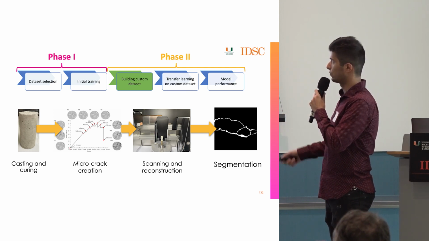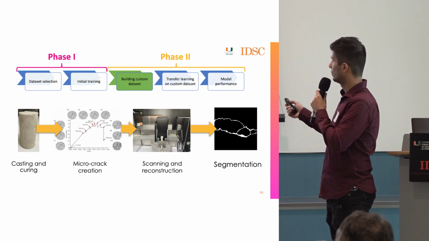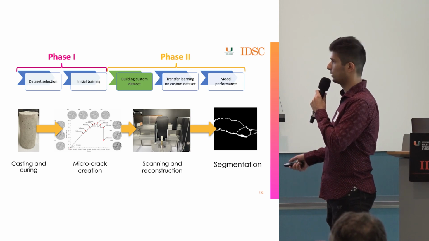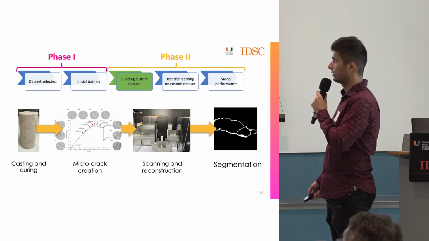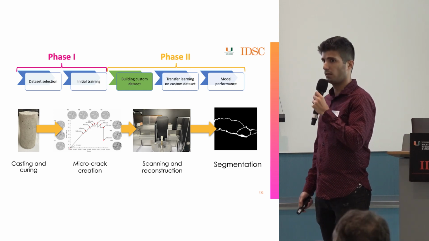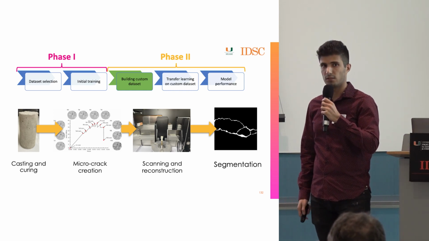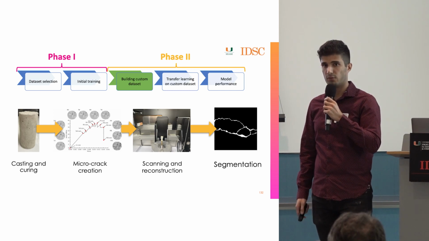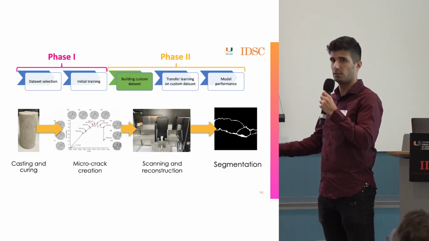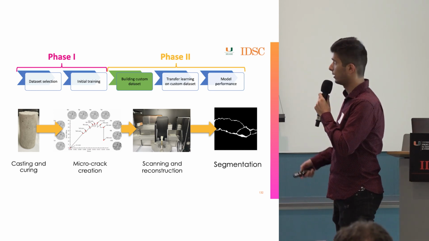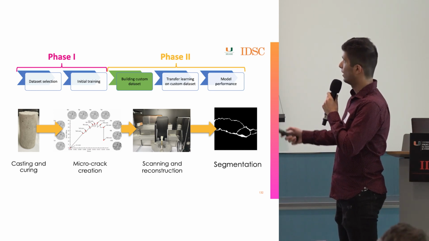We scan, reconstruct using microCT. We do human annotation, segmentation, and then we can use this data set. There are a lot of CT scan data sets in the literature, but there are very few microCT scans, especially of cracks. So this in itself will be a very valuable contribution, I believe.